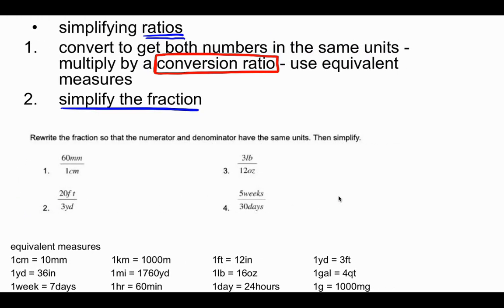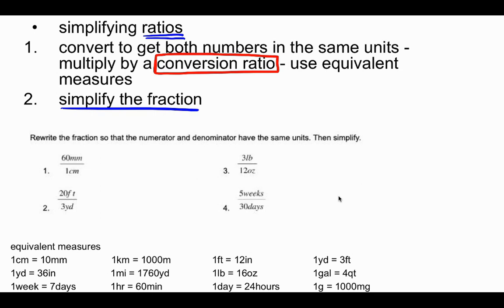So the first type of situation and problem that we're going to look at is simplifying ratios. We're going to convert to get both of our numbers within the same units, and we're going to do that by multiplying by a conversion ratio. This is simply a fraction that uses the same units as our original ratio, but in opposite locations and equivalent measurements.